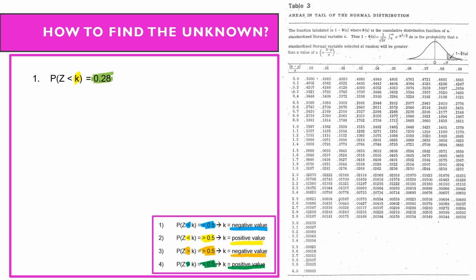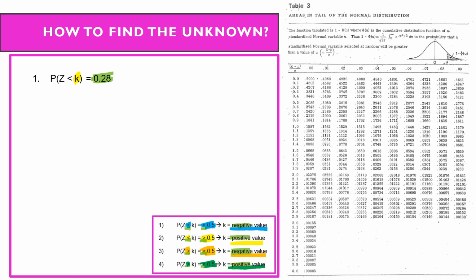So you must remember: less and less, k is negative. More and more, k is negative. Meanwhile, if the symbols are less and more, k is positive. More and less than 0.5, k is positive. Different sign, positive value.